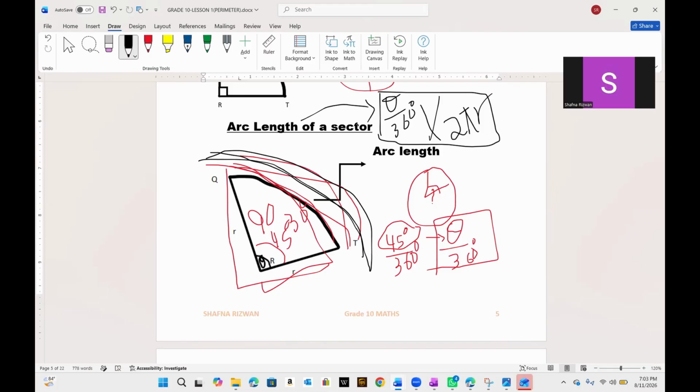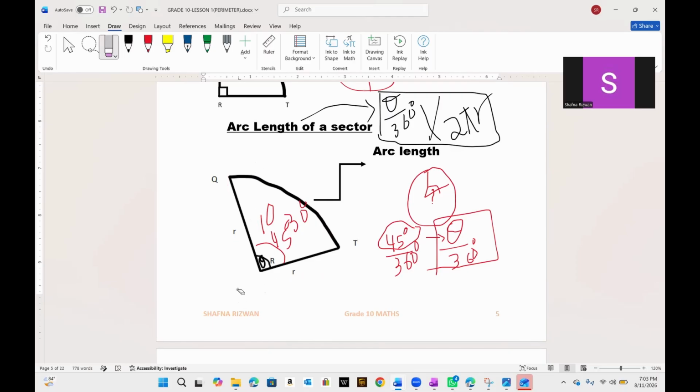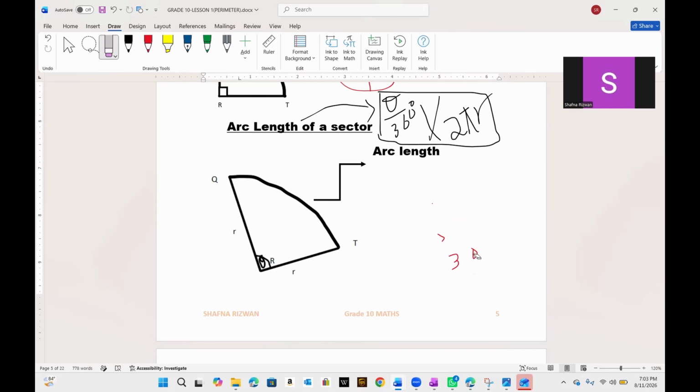Do you understand how we got it? Always remember, to find the arc length, we can't just memorize it. Always understand, then memorize it, then you won't forget. But you have to study again and again.